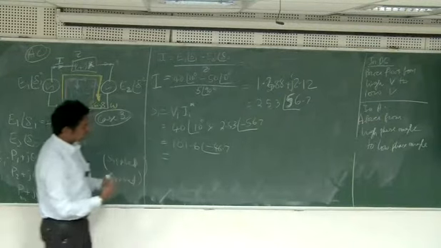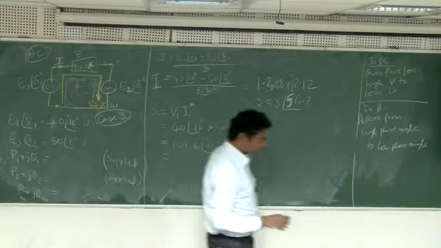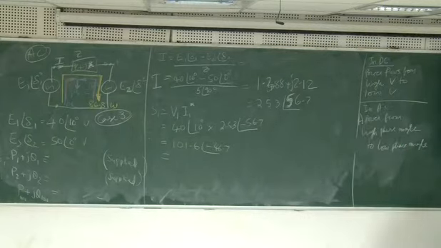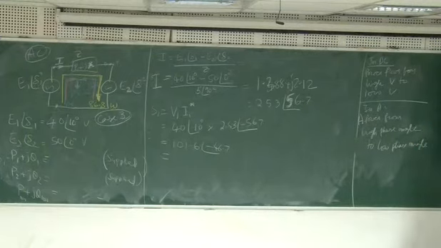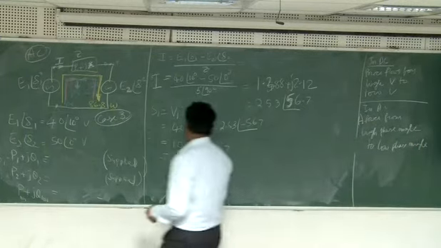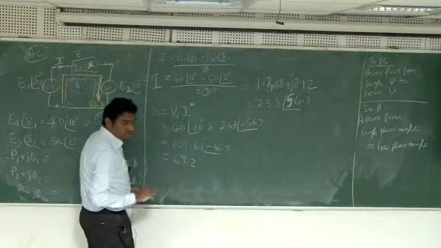So again you divide into two parts. Okay, 69.228.